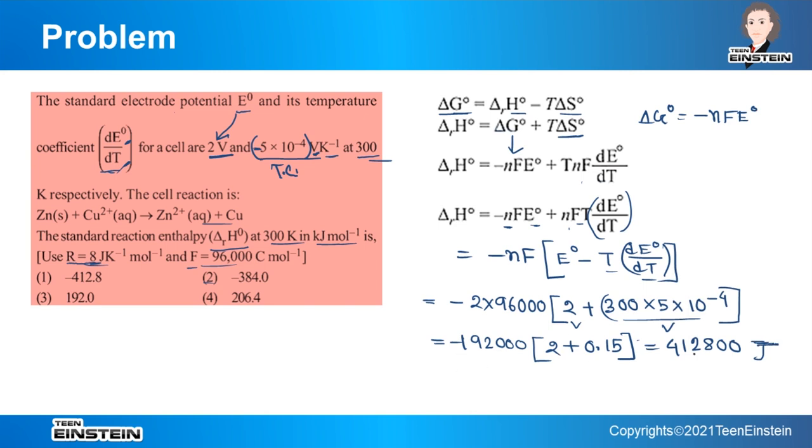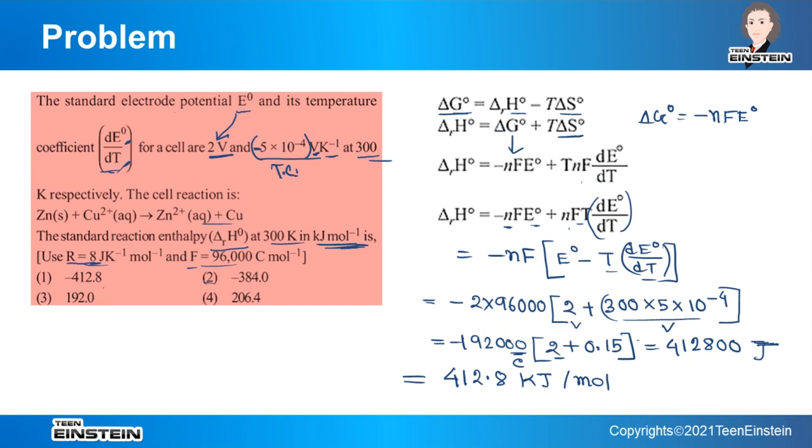Finally, we convert it to kilojoule, because the options you are seeing here are all in kilojoule per mole. The standard reaction enthalpy del R H naught at 300 Kelvin in kilojoule per mole unit we have to find. So it will be 412.8 kilojoule per mole.